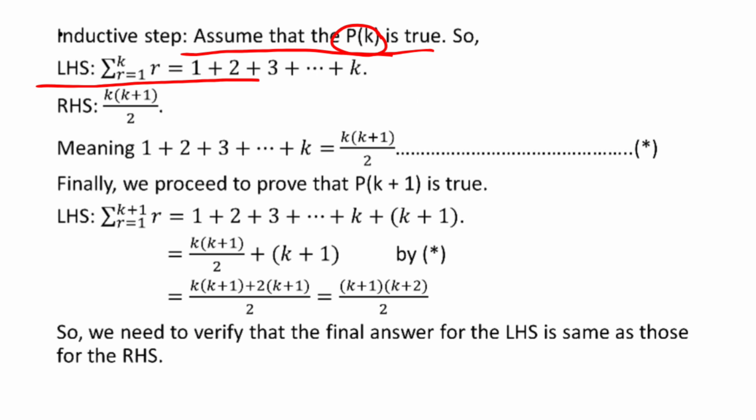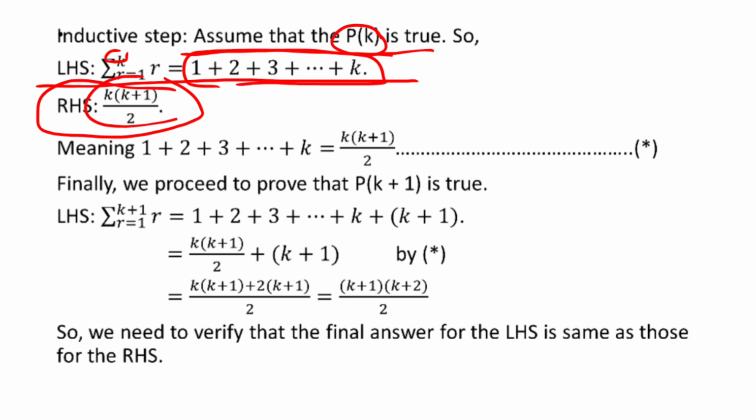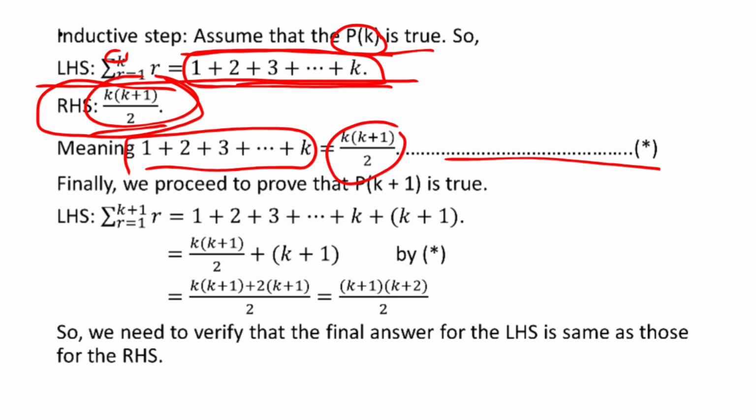It means my left-hand side will take the sum all the way to k, and my right-hand side will simply be k(k plus 1) all over 2. So this sum is the same as this, which will give an equation because we are assuming this to be true.